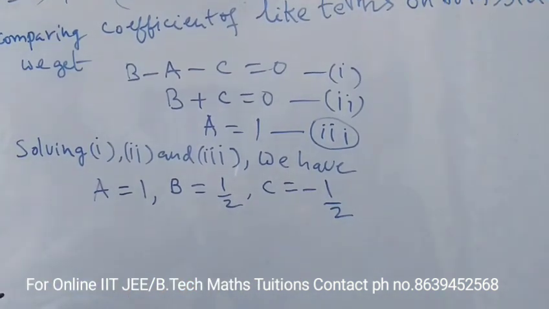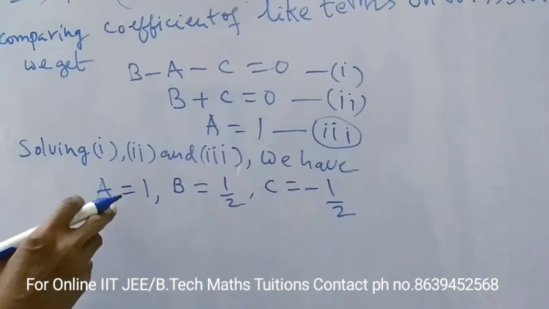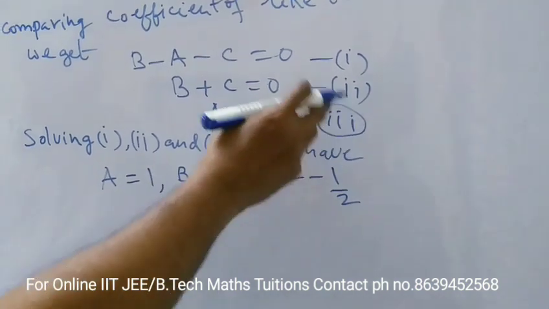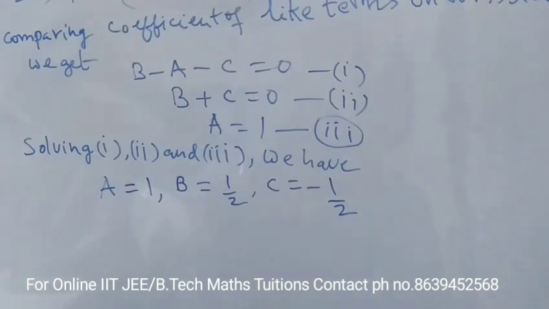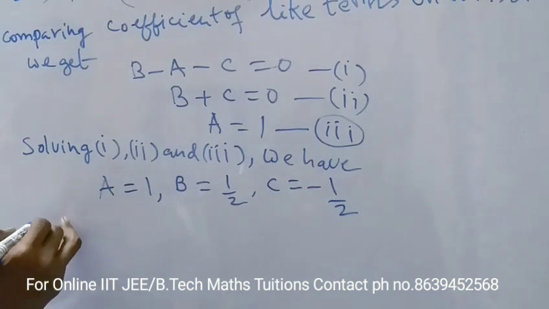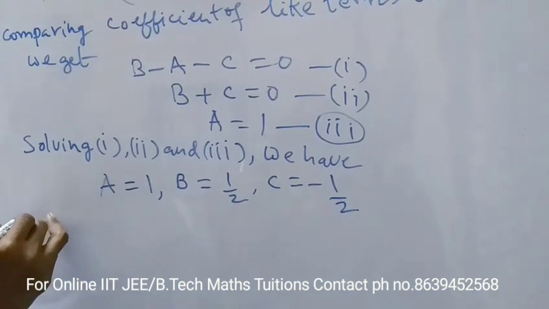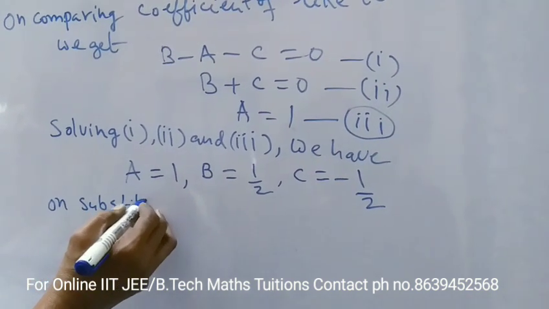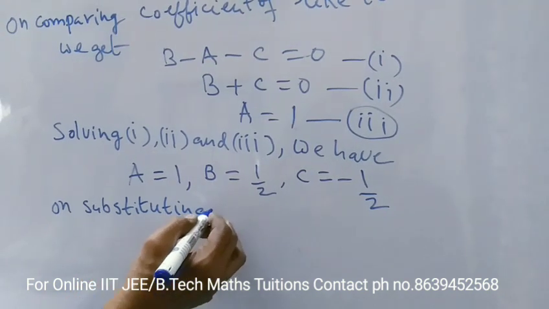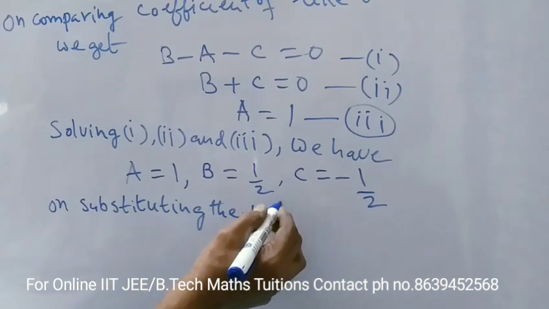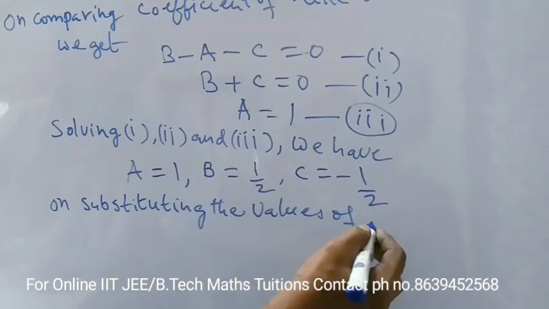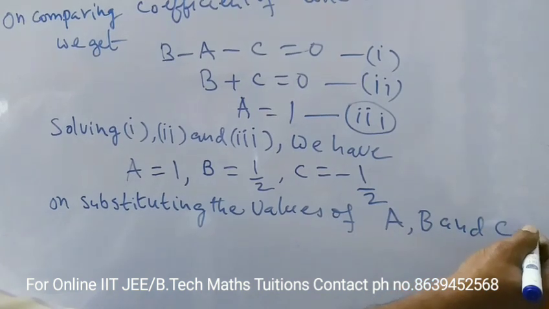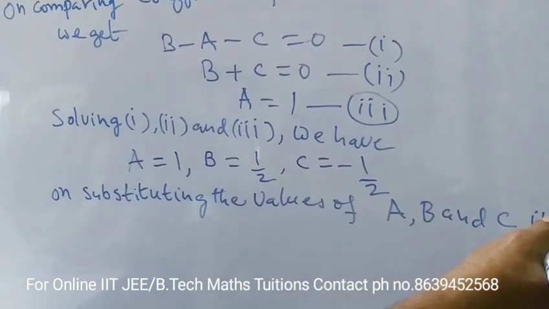Now substituting all these values, a is equal to 1, b is equal to 1 by 2, c is equal to minus 1 by 2 in the third one.